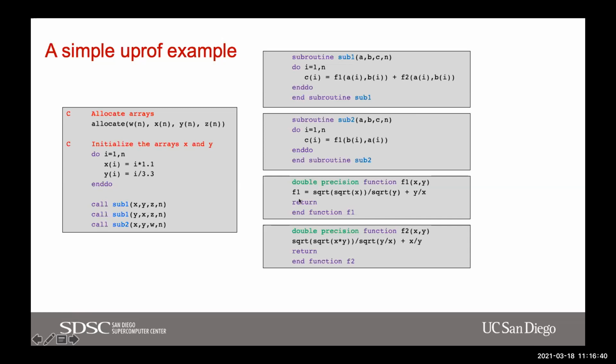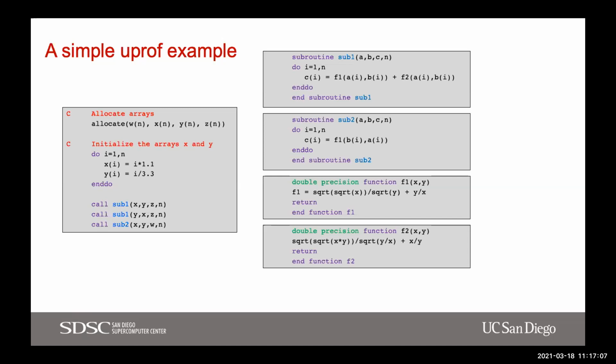All right, so moving on, just to illustrate my example, you see here on the left, I have a snippet of the main program. It shows that we're allocating several arrays, W, X, Y, and Z. We're then going to populate arrays X and Y. Here I'm just putting in some dummy values based on the loop index. Then I'm going to make 3 calls, 2 to sub1 and 1 call to sub2.